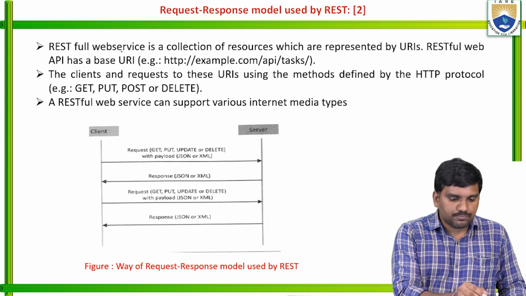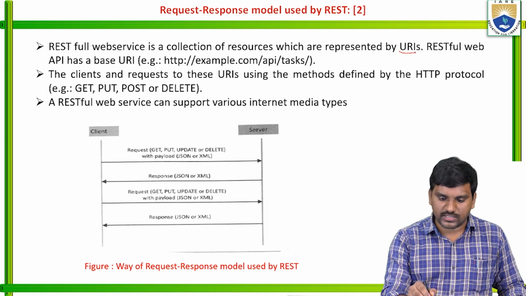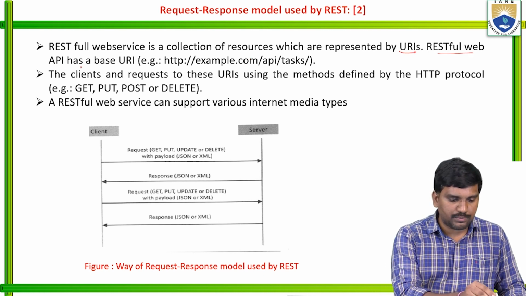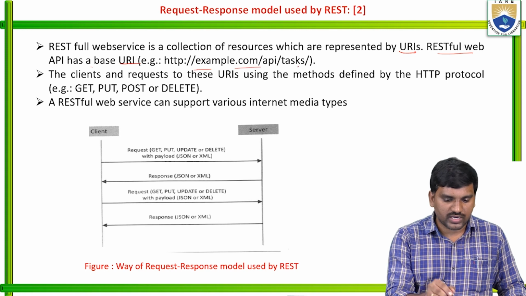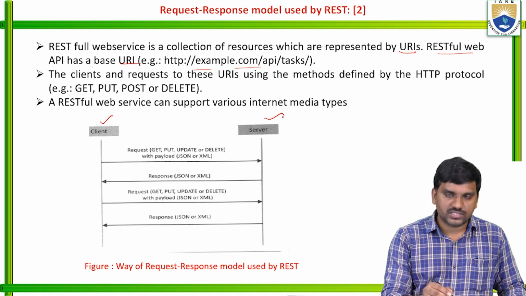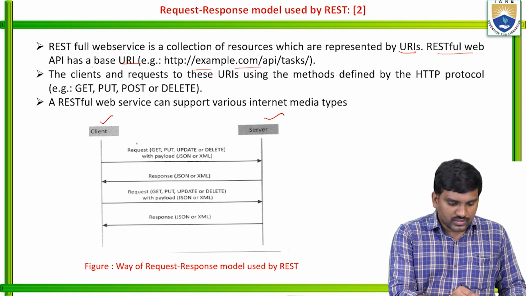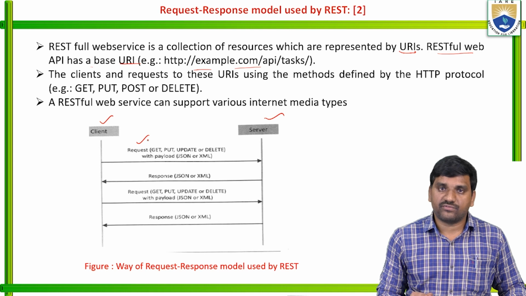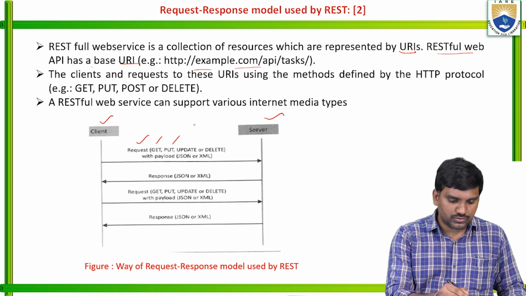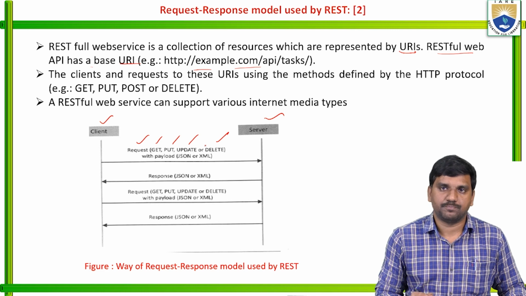REST is a web service, a collection of resources which are represented by URIs. RESTful web APIs have a URL. For example, here this is the client, this is the server. In the server, we have different HTTP request methods, that is get, put, update or delete, with payload JSON and XML.